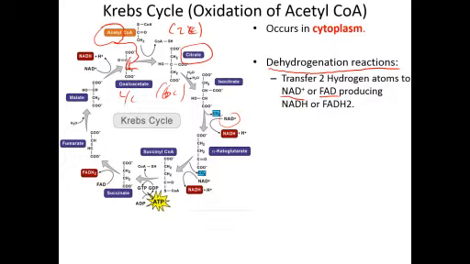NAD+ is reduced to NADH. That same process occurs when alpha-ketoglutarate is oxidized to succinyl-CoA. And then succinate is oxidized to fumarate, but now the electrons are transferred to FAD, forming FADH2.